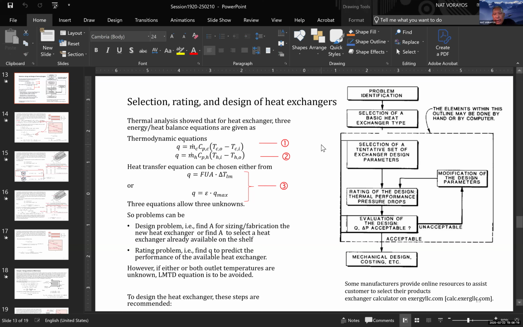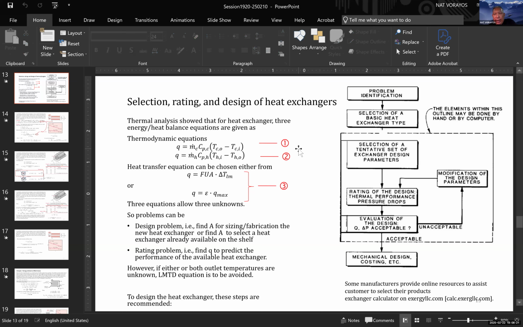The first equation and the second equation share the same Q, meaning that the heat transfer loss from the hot fluid goes to the cold fluid directly, 100%, not losing it to the environment.